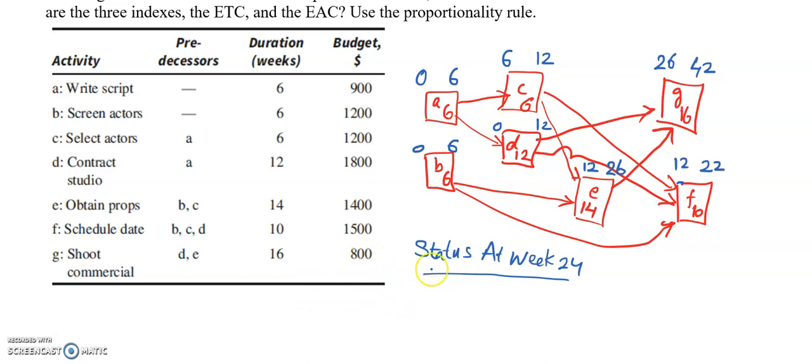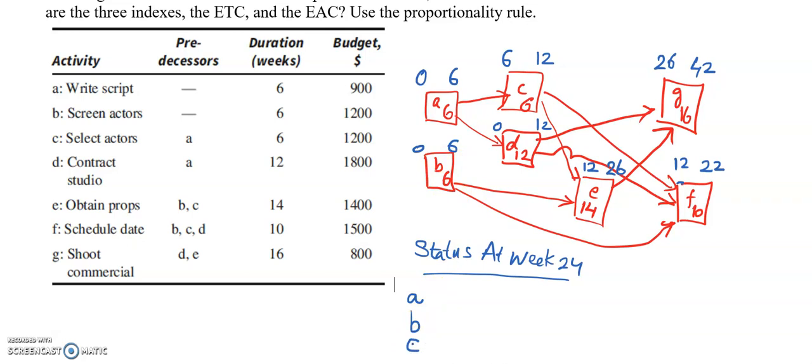So we have activity A, which is scheduled for 0 to 6 weeks. B is also scheduled for 0 to 6 weeks.